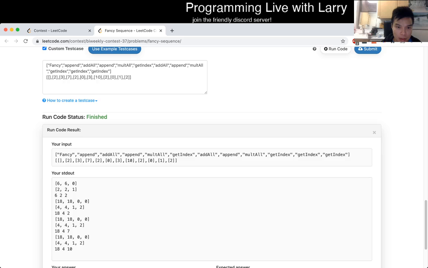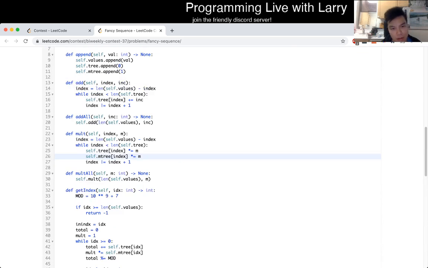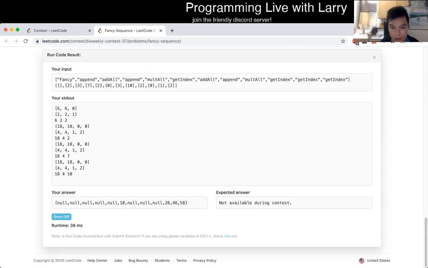So I do prefix. This is just wrong. The prefix tree. I need another tree-like thing. Maybe.